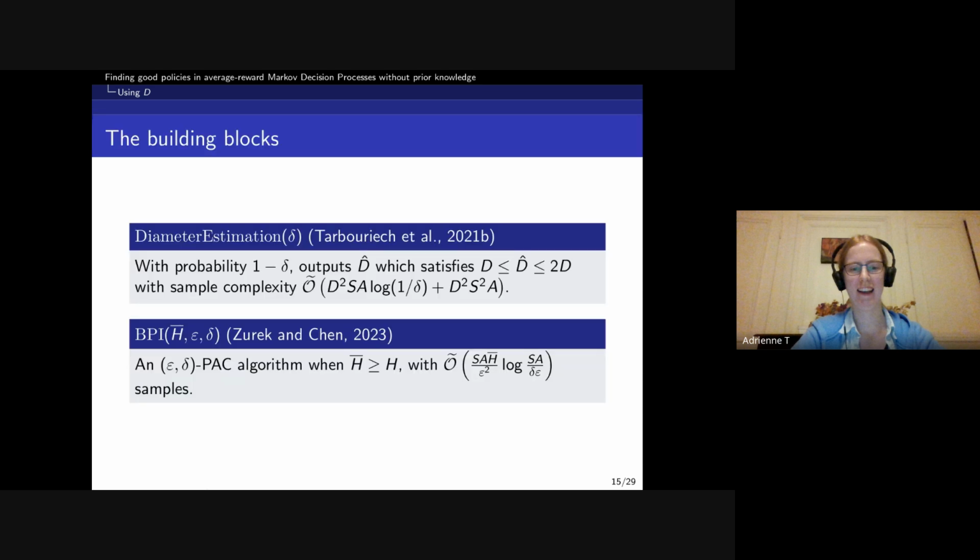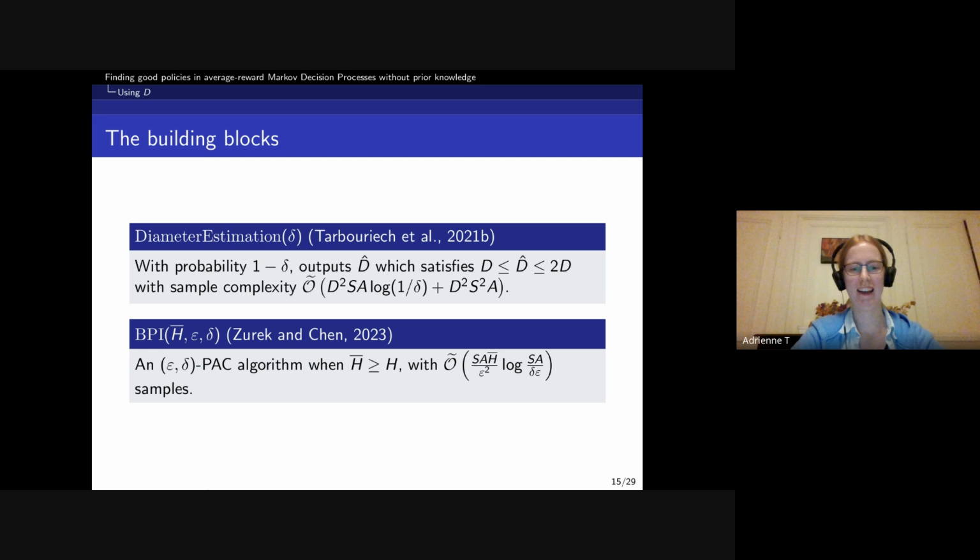Because one very good thing about the diameter is that we can estimate it. There exist methods to estimate the diameter within a constant factor. So you can compute an upper bound of the diameter that is at most off by a factor 2. And you can do that while bounding the sample complexity for it, of course.